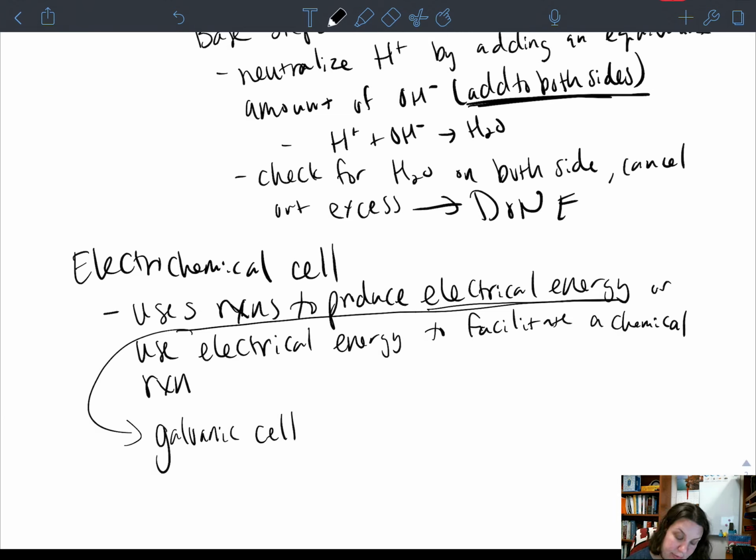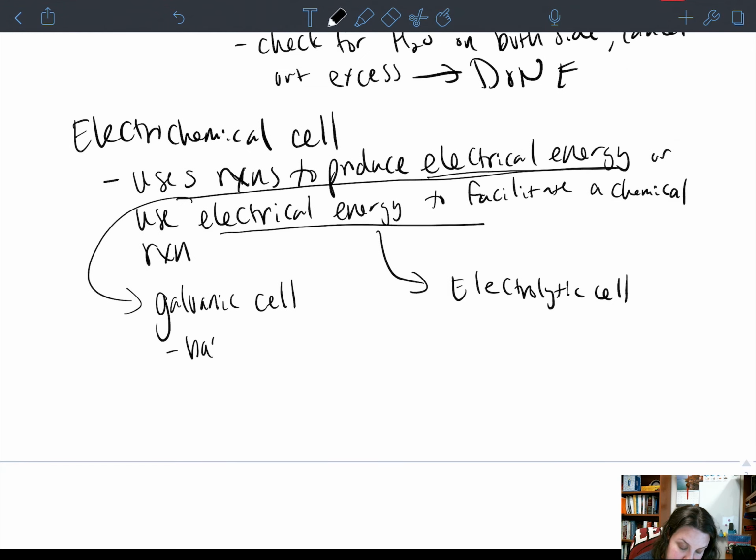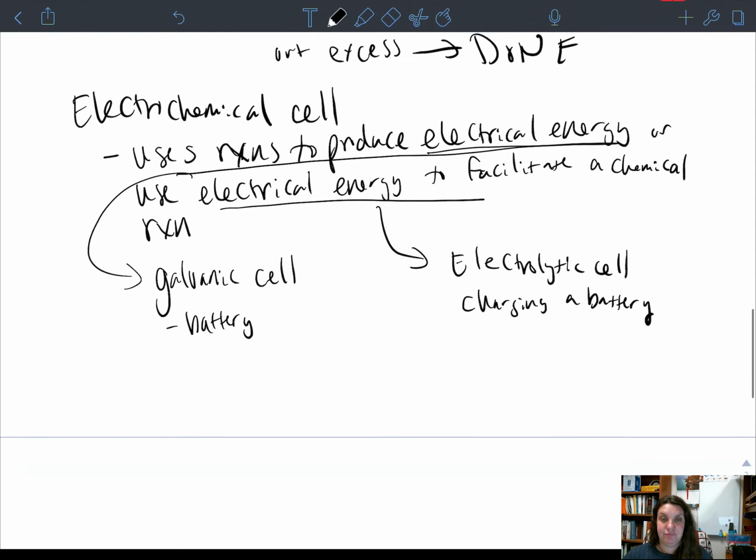And then the second one is an electrolytic cell. So galvanic cells, that's how a battery works. And electrolytic is like charging a battery. Okay.